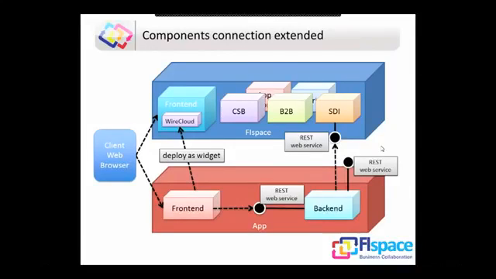We need to expose a REST web service, and the people working on the platform need to configure the SDI to connect to our REST web service. This way, we have a dual channel communication where we can send notifications or receive notifications. These are easy cases on how to connect an application to the FISpace platform.